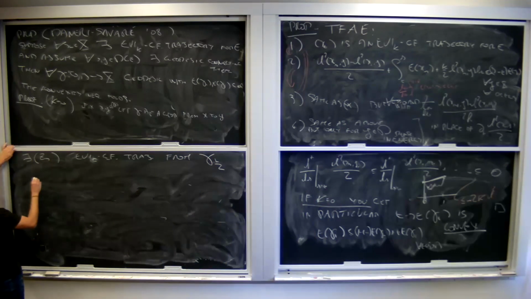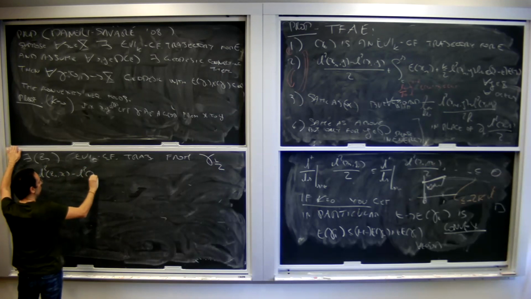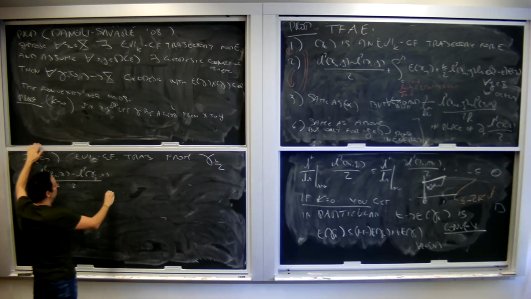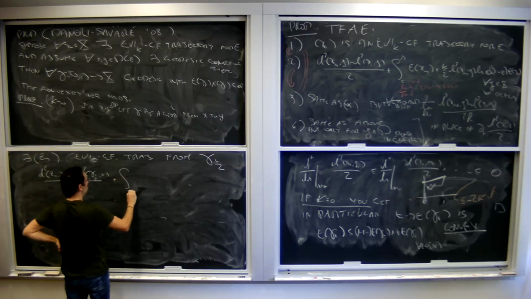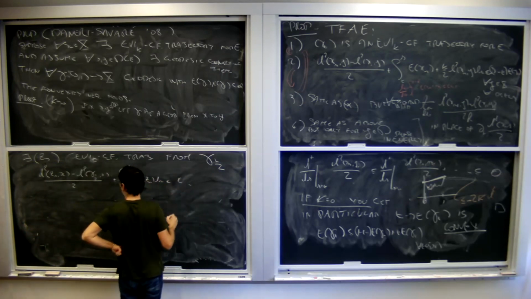Look at what happens. I know that the distance squared between z_s and x, minus the distance squared between gamma_{1/2} and x, divided by 2s, plus the average over 0 to s of the energy at z_r dr, is less or equal than the energy at x.